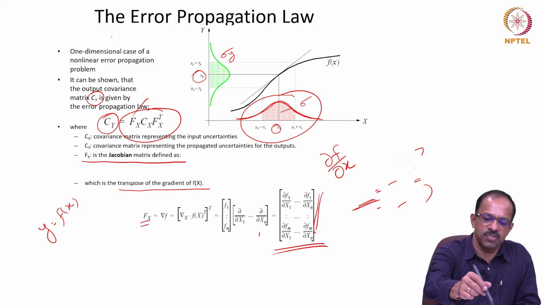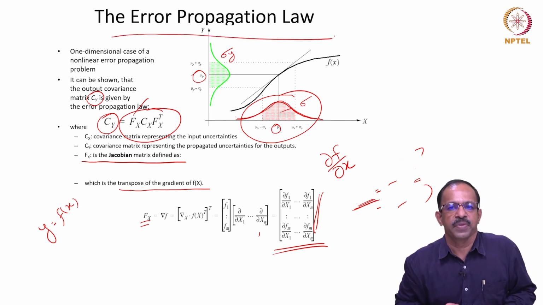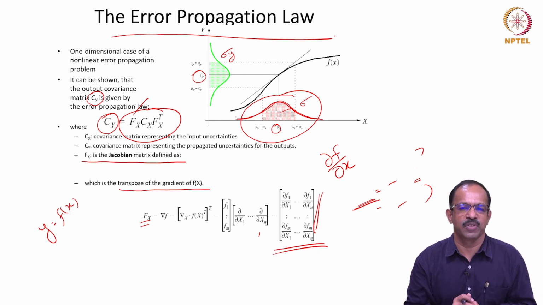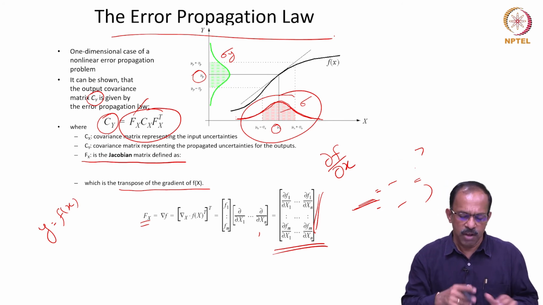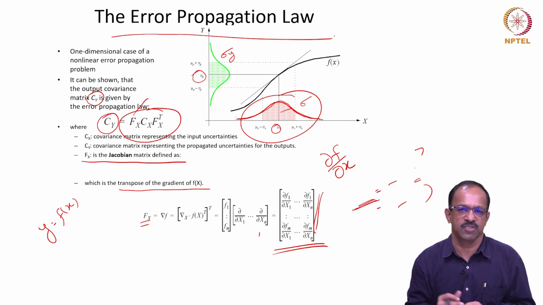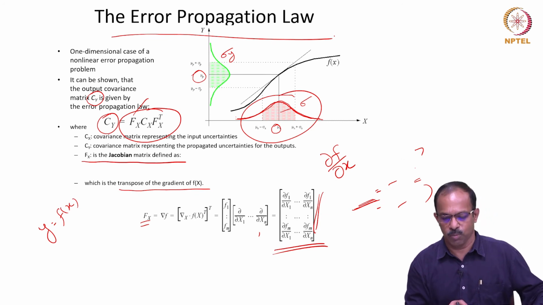We will use this error propagation law to get the estimated position of the robot, and as the robot moves, this covariance keeps increasing, and therefore you will have a lot of uncertainty in the estimated position with this kind of measurements. We will see how to use this in localization when we discuss localization of mobile robots.